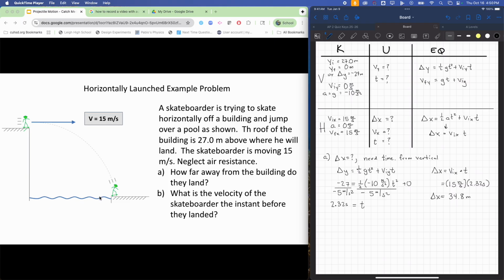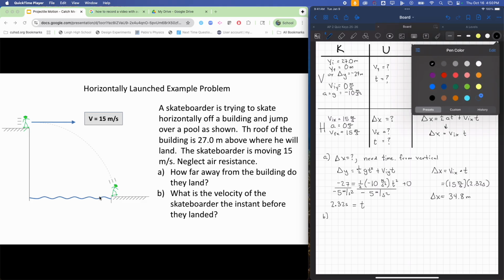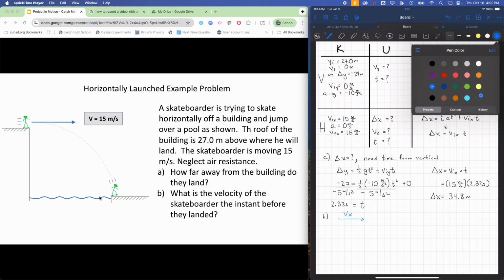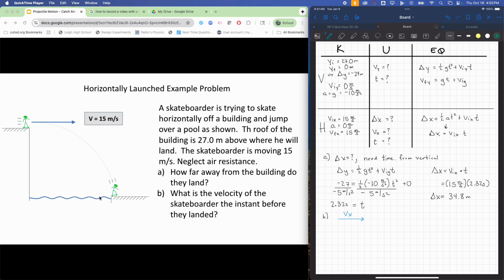And then what is the velocity of the skateboarder before they land? So I'm going to draw a quick picture here. We know that he's moving at a constant velocity horizontally. So this is the horizontal velocity. And that he's speeding up so that he's going to have a final velocity that's going to be bigger than what it was before, which was 0. And so I need to figure out what this final velocity is.